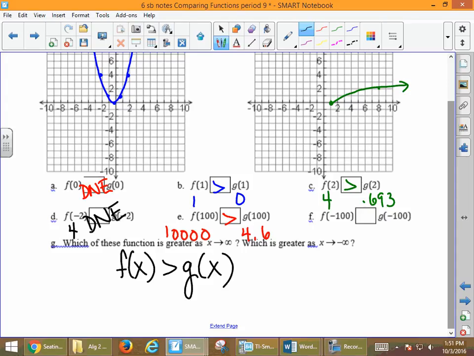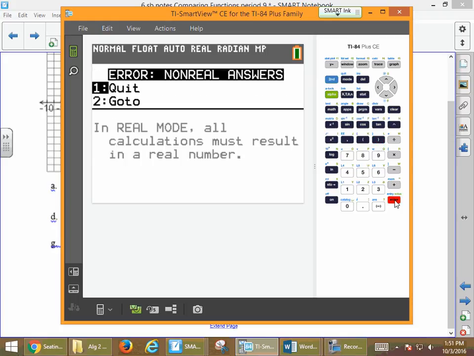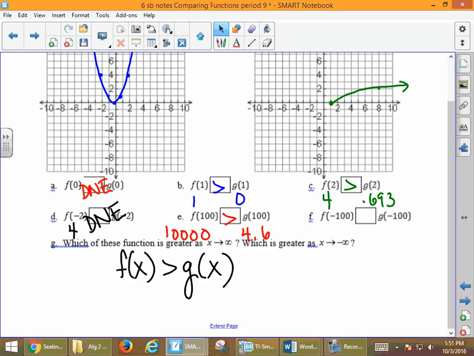Now, for f of 0, we couldn't compute that based on our natural log graph. And when our x value was a negative, we couldn't compute it over there when we have g of -2. We can figure out what f of -100 equals. But if we try to figure out what g of -100 equals, you probably can guess that, again, it's an error, and we cannot compute this.